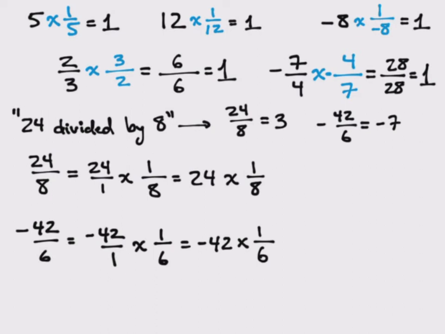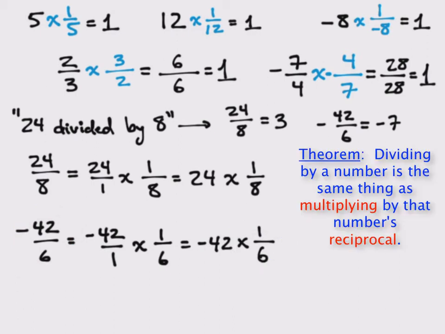In our first example, dividing by 8 was the exact same thing as multiplying by its reciprocal 1/8. Or, for negative 42 over 6, dividing by 6 was the exact same thing as multiplying by its reciprocal 1/6. And this is actually going to be true all of the time. In general, dividing by a number is the exact same thing as multiplying by that number's reciprocal, or multiplicative inverse.